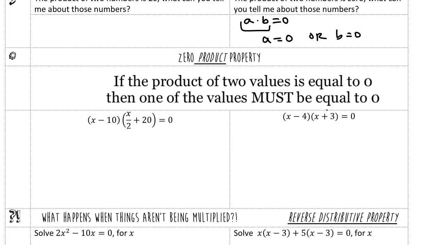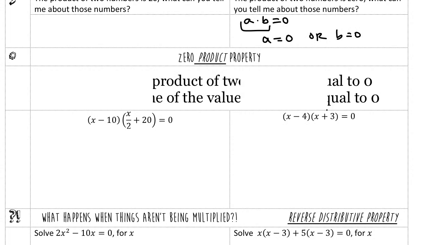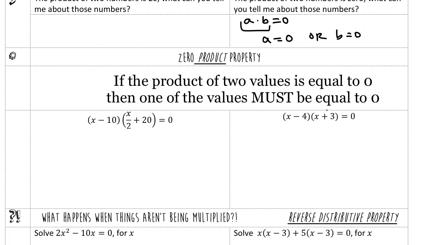So what we're going to do next is take a look at two problems where we have a product of values and the product is actually equal to 0.